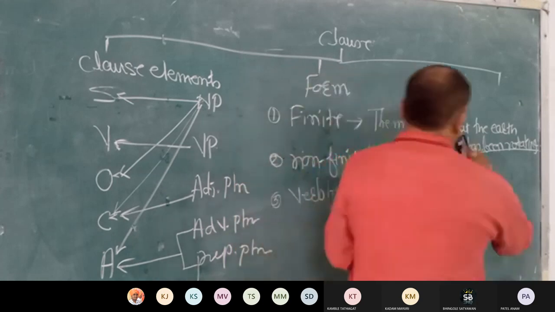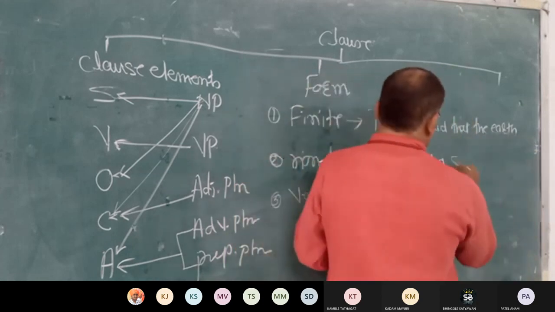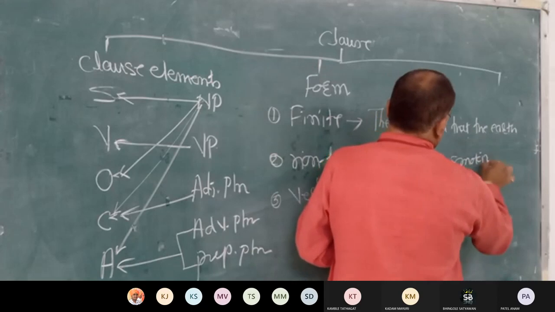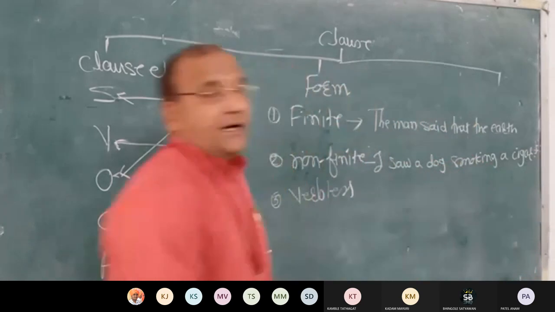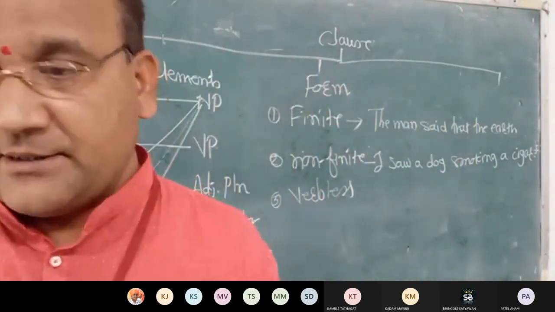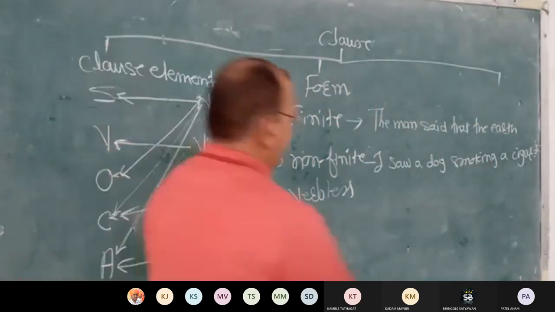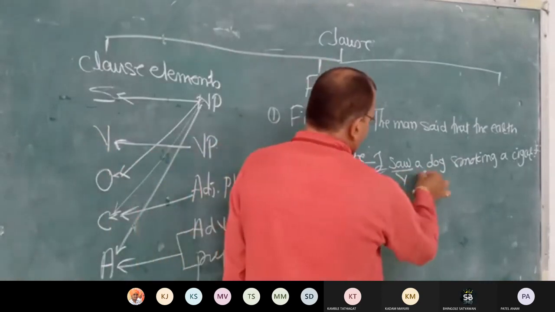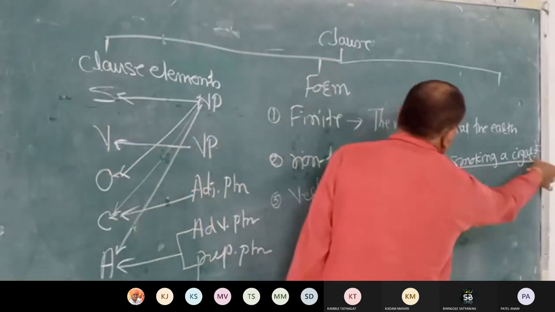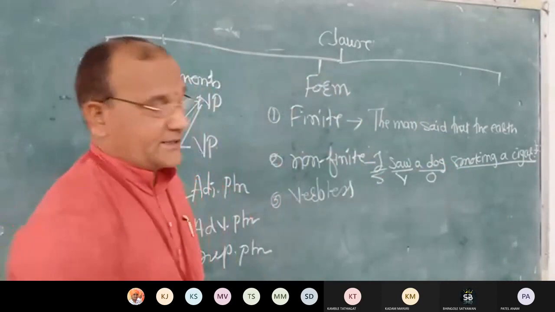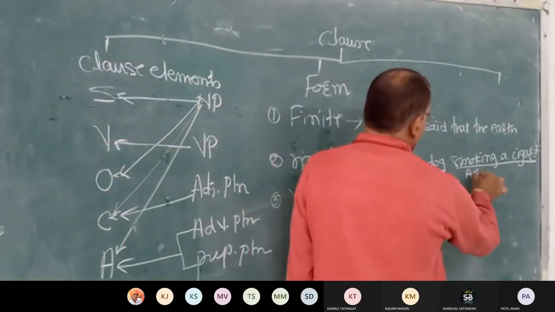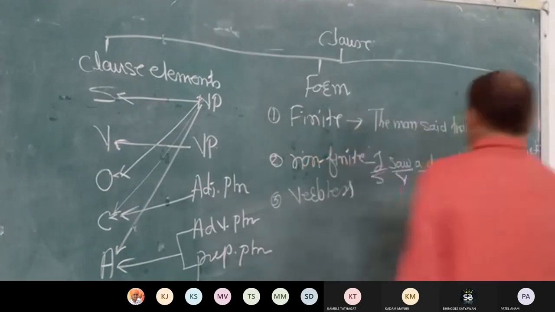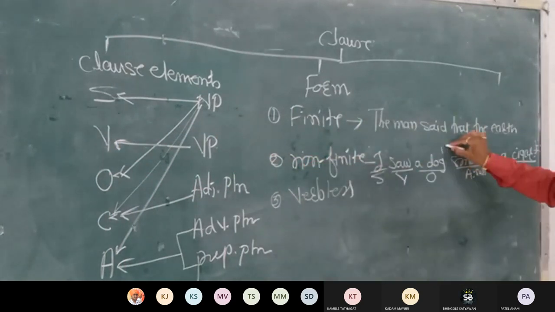I saw a dog smoking a cigar. Now here, S, V, O, and this "smoking a cigar" is a subordinate clause which does not have a subject, does not have a conjunction, does not have an auxiliary.